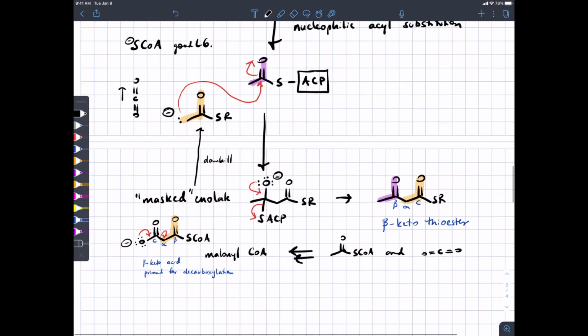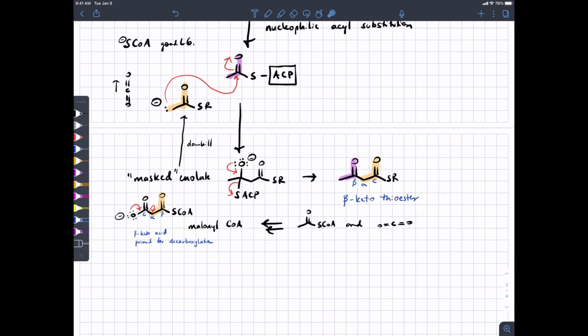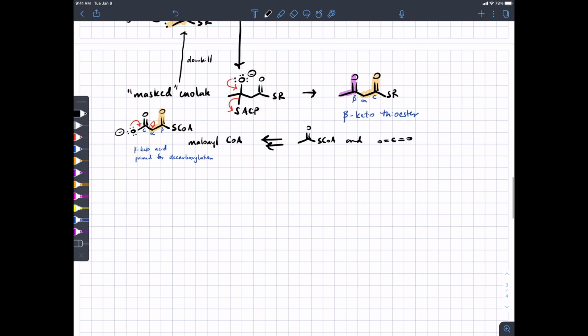Okay, so we decarboxylate malonyl-CoA to get this enolate, and then we end up with this beta keto thioester. Now, ultimately, a long chain fatty acid is going to have 14, 16, or 18 different carbons.